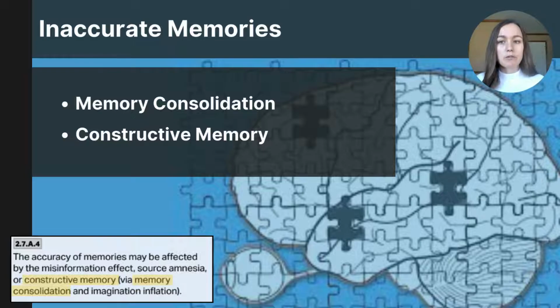And constructive memory refers to the method by which the information is pulled out of our mind. And it's not pulled out and then replayed like a recording, but rather it's pulled out in pieces. And those pieces are then rebuilt. And those pieces are built into what we say is our memory of what we recall. And sometimes we don't have all of the pieces, but we put them together and we reconstruct them.